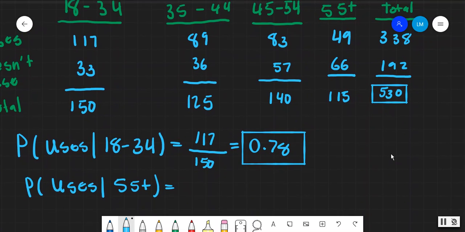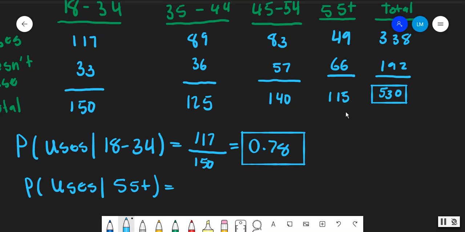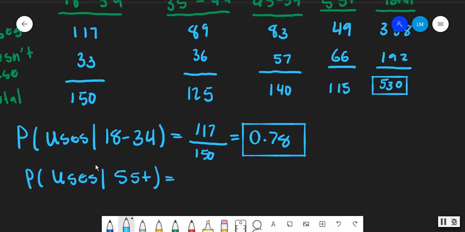We have a smaller age group, so that's out of 115, and then you have 49. If you figure out what that is, it's approximately 0.43. So roughly 43% use social media from the last age group.